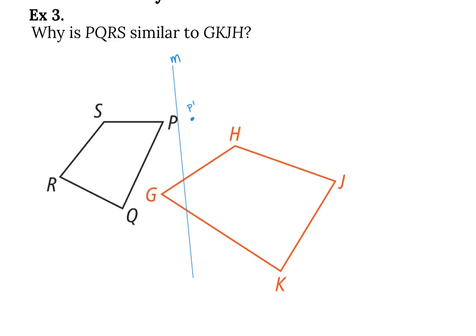Okay, so I'm going to try to use a ruler and create a perpendicular bisector with my line M. Okay, so 1, 2, 3, 4, 5. So my new point will end up right here. So that would be S prime. I'll have to write that in when I'm done.